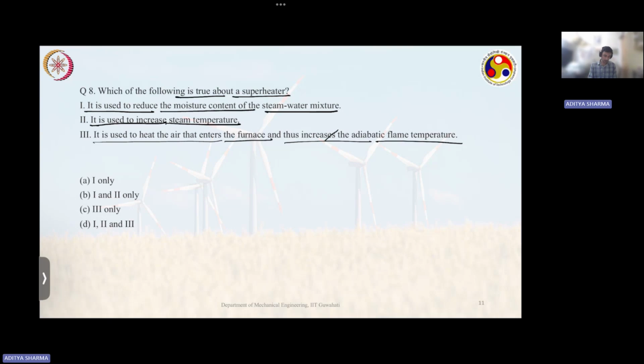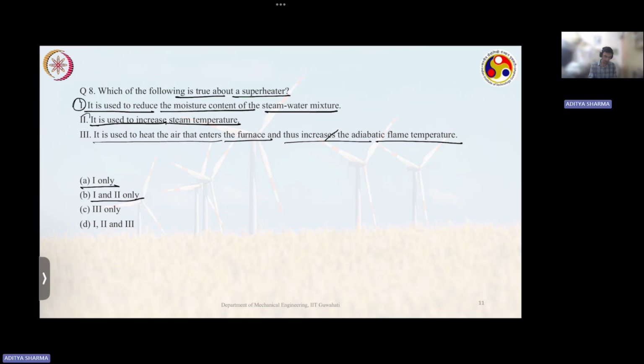So the first option says only the first is correct, that it is used to reduce the moisture. The second says that it is used to increase the steam temperature. Option B, 1 and 2 only, says that both these are correct.